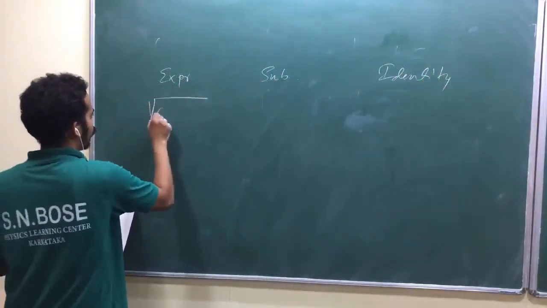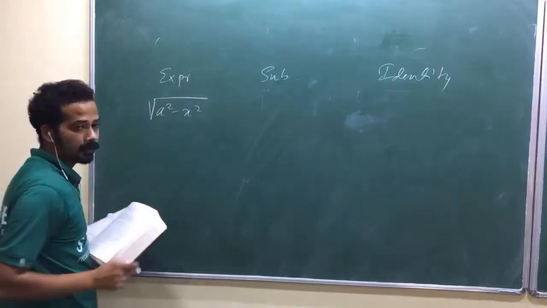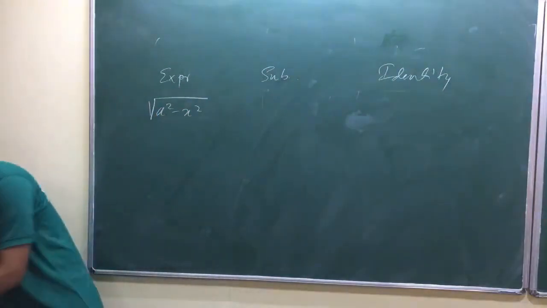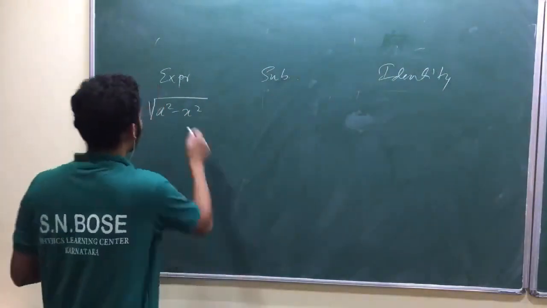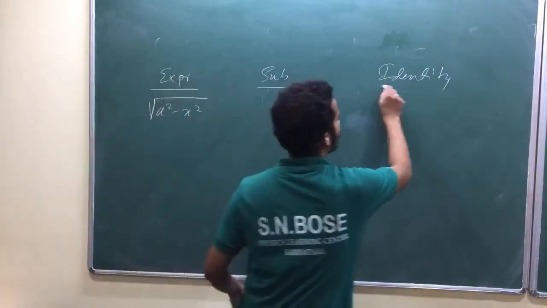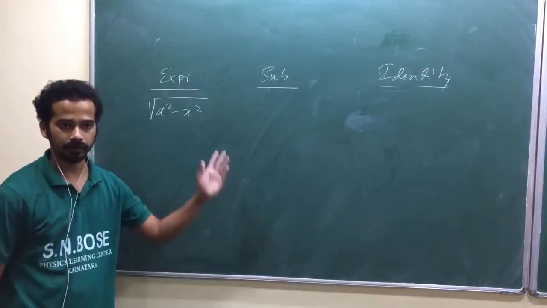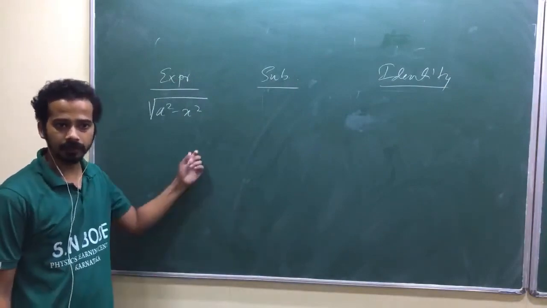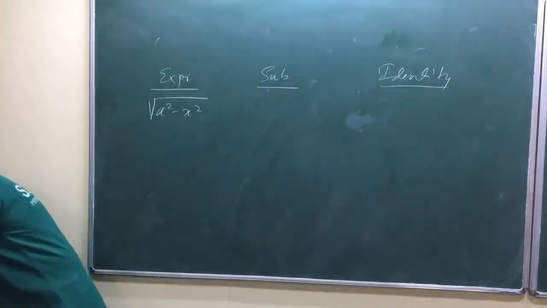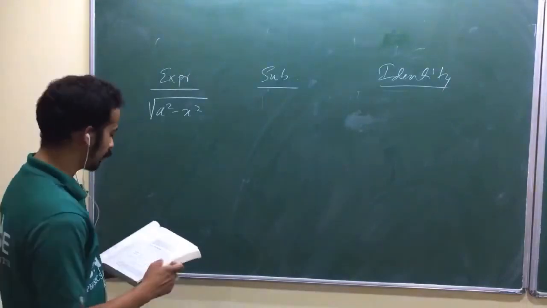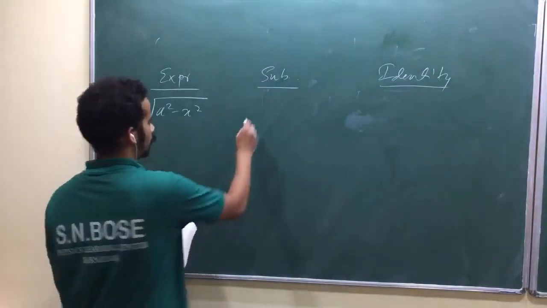So root of a square minus x square. I'm listing only trigonometric substitution. As homework, you list out hyperbolic substitution. Sometimes hyperbolic substitution is required for some integration. I'm doing trigonometric substitution; work out hyperbolic substitution yourself.